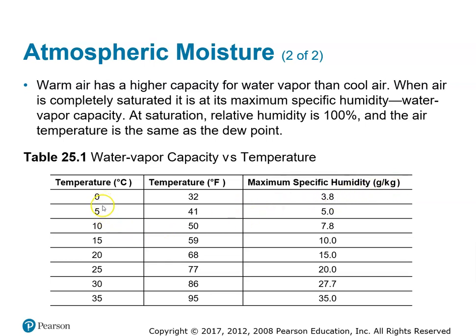In between, you're going to have to estimate. So let's say it was 3 degrees Celsius. The value of the maximum specific humidity will be somewhere between 4 and 5 roughly, right? So you can see that.